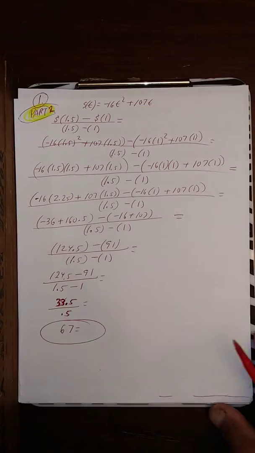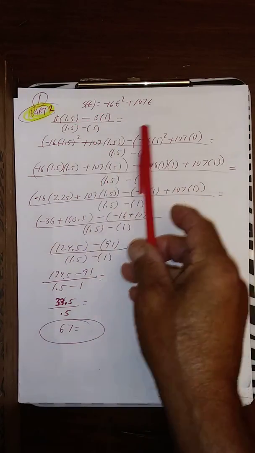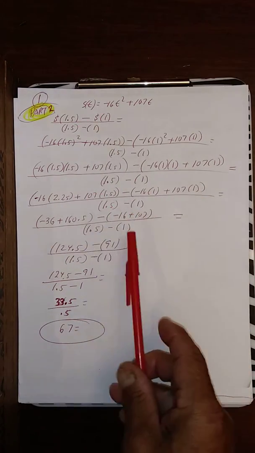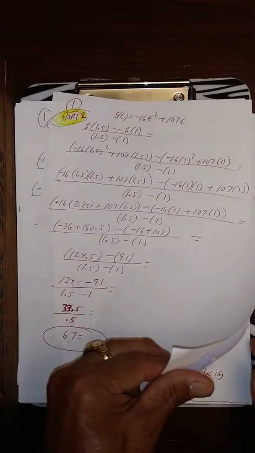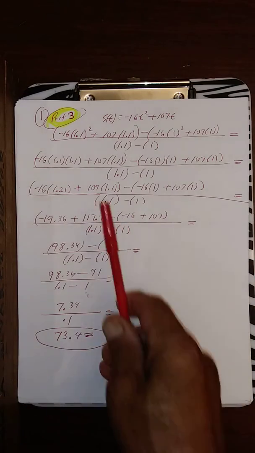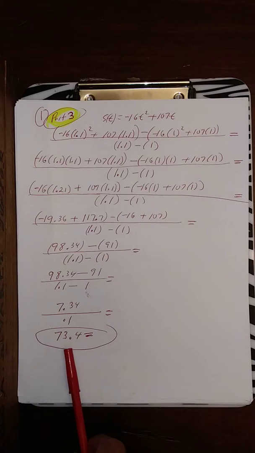So, some other calculations I did, the long way, of course. All these are the long way. This one I got 67. And the other one, I put it in there the long way, I got 73.4.